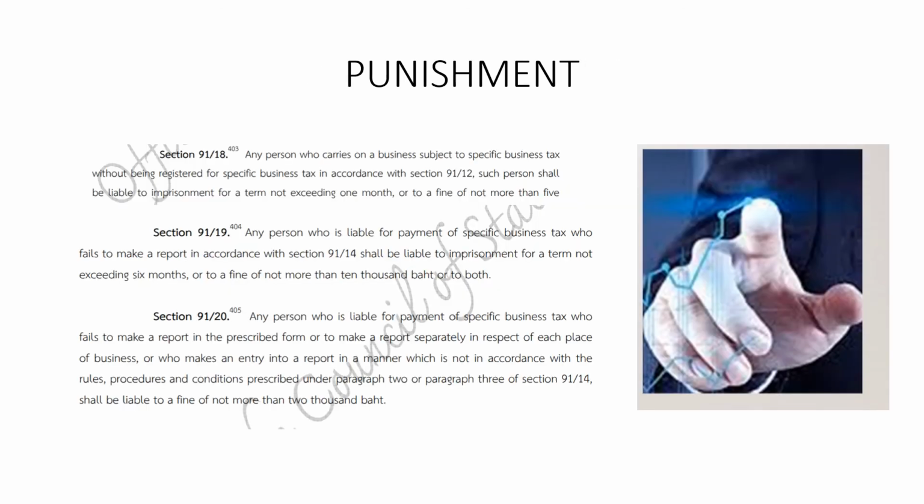This is quite critical and important, but you can have a look at the punishment in Section 91/18, Section 91/19 and Section 91/20. 18 is about registration, 19 is about the record, and 20 is about the record not complying with the rules and procedure.